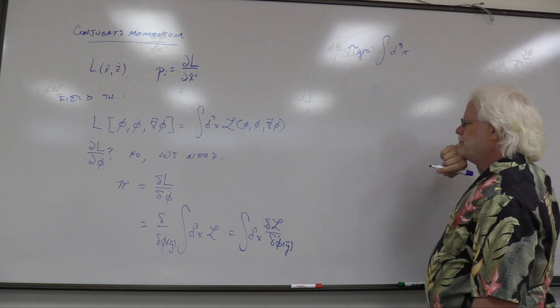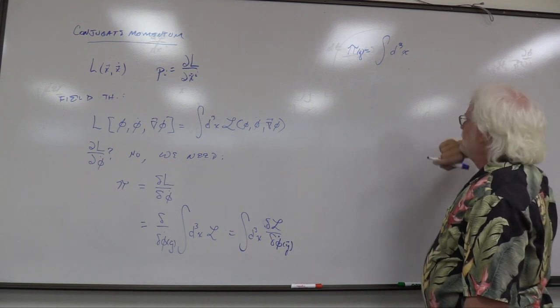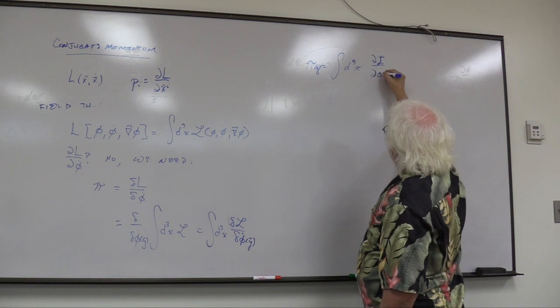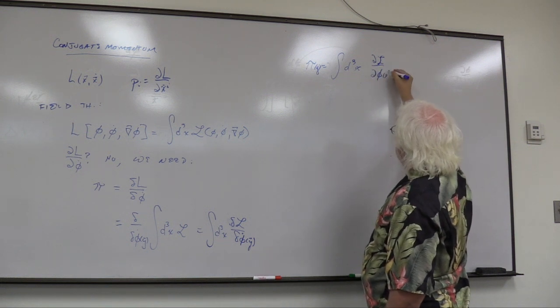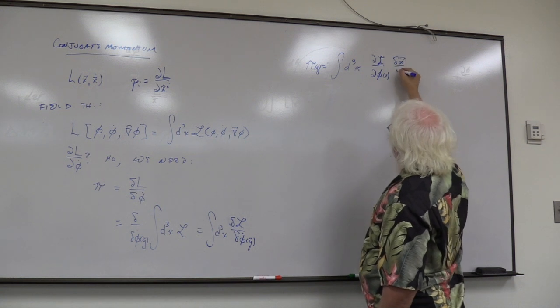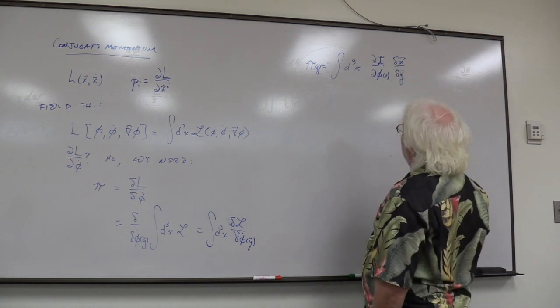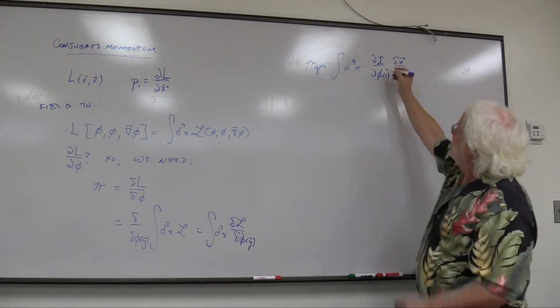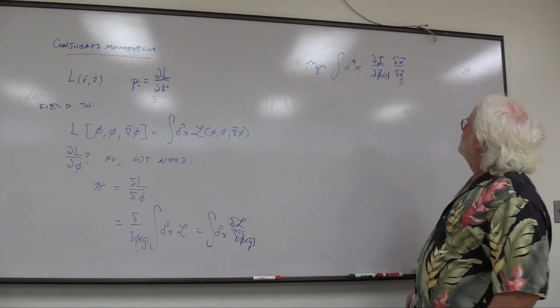I can take the partial of the Lagrange density with respect to phi of x times the functional derivative of phi of x with respect to phi dot of y. Anybody care to guess what that is? This is phi dot.